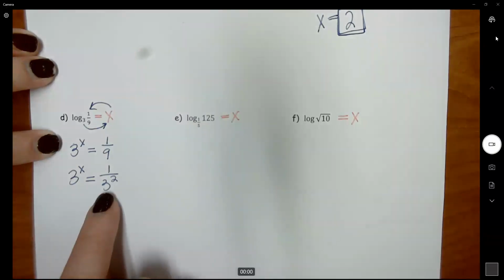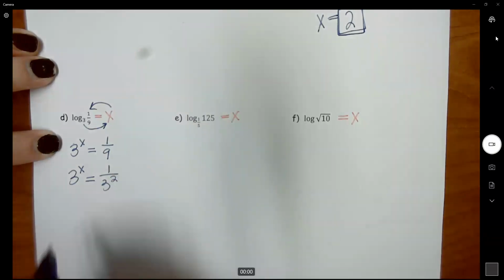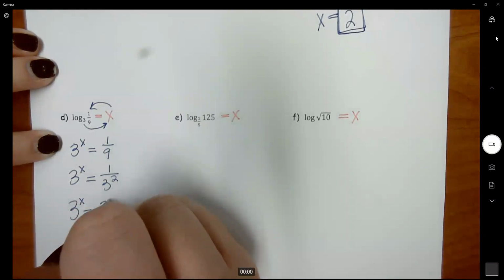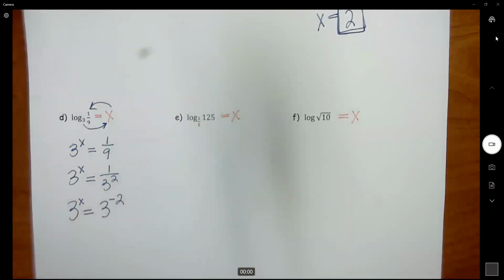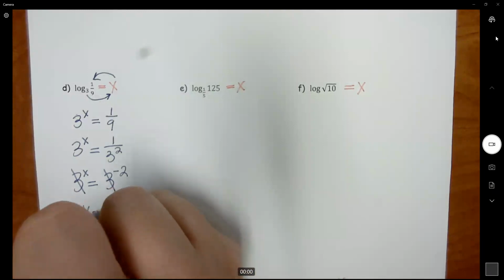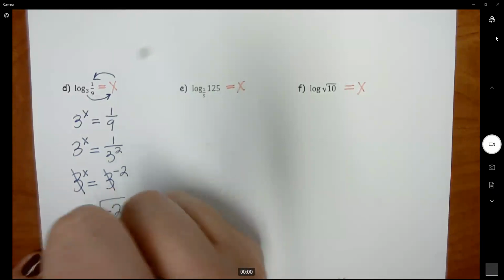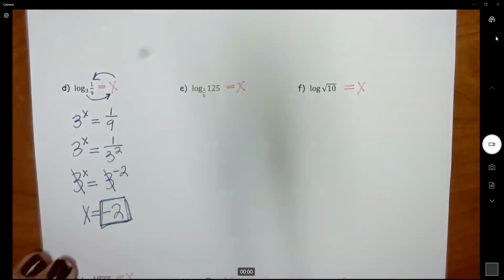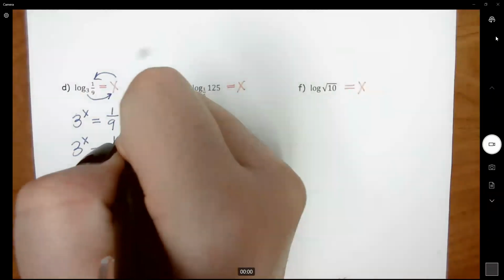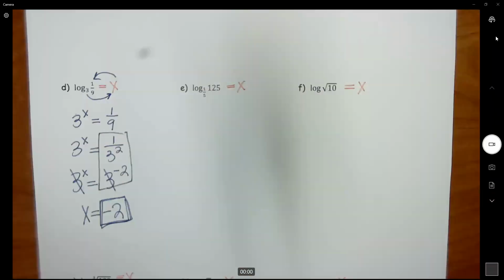I need to move this up. And so this would be the same as 3 to the negative 2 power. So now the common bases cancel and we get x equals -2. You need to revisit your exponent rules if you're not sure what happened right there.